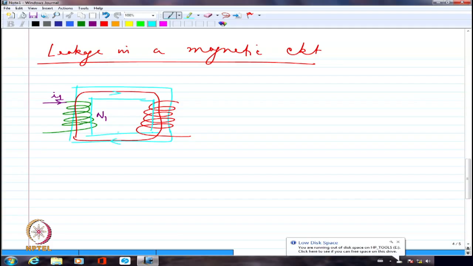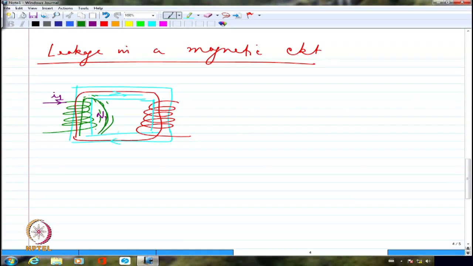So if I say that these are the majority of the flux lines path, some of the flux lines can definitely go through this, like this. So I am essentially showing as though it is coming like this, it can come out and then it can go like this. This is the flux line which is passing through the air gap.